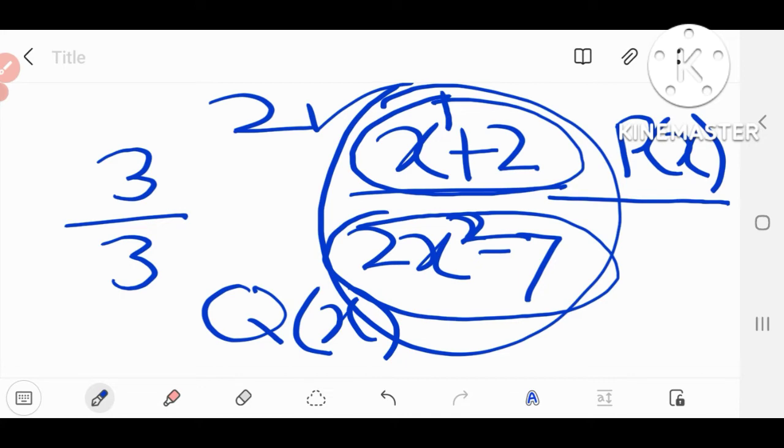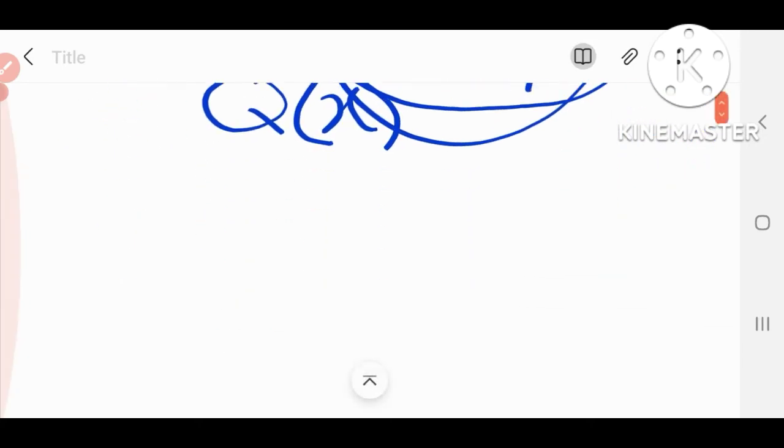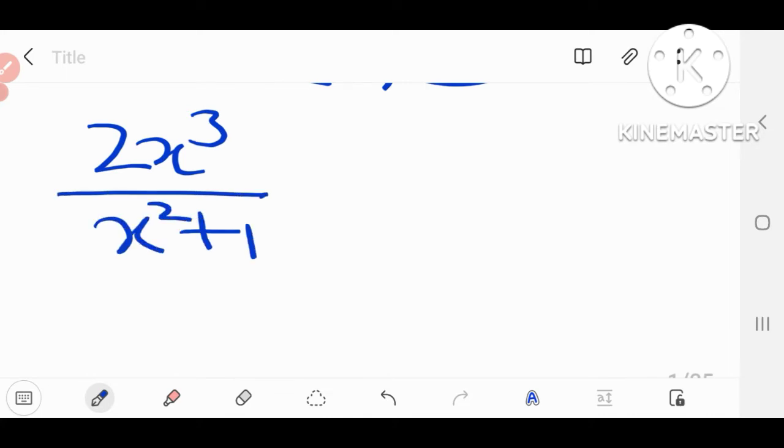Just like with the comparison of numbers, we can decide whether it is a proper or improper fraction. Now we can decide what an improper algebraic fraction should be. Let me write, for example, 2x cube divided by x square plus 1.